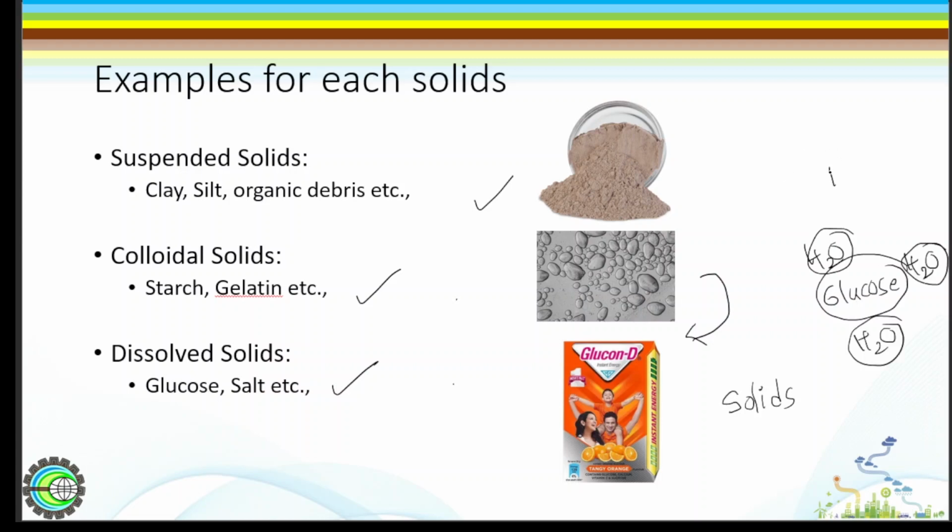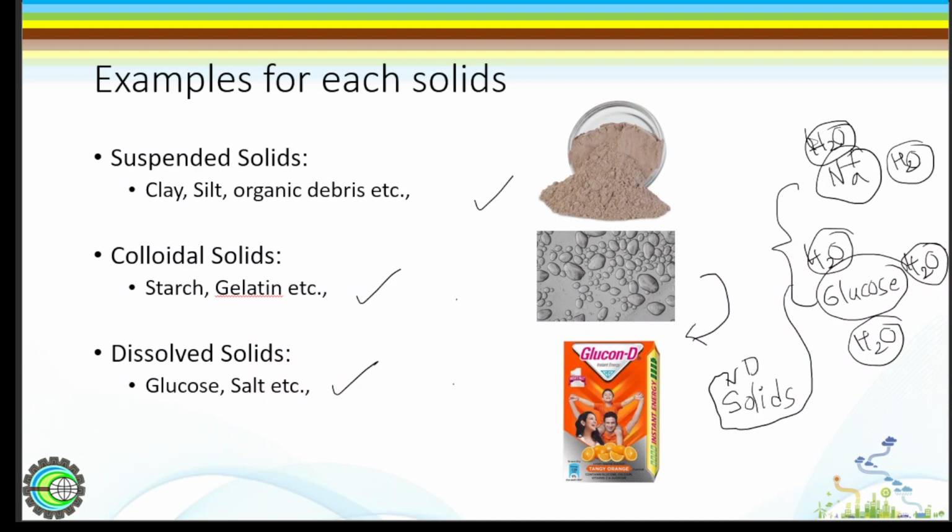And if you consider salt, suppose it splits into sodium and chloride, but at the ion or molecular level, it is surrounded by water molecules. So these together are called dissolved solids. But the starch or the gelatin, though they may look like dissolved solids, are technically suspended.